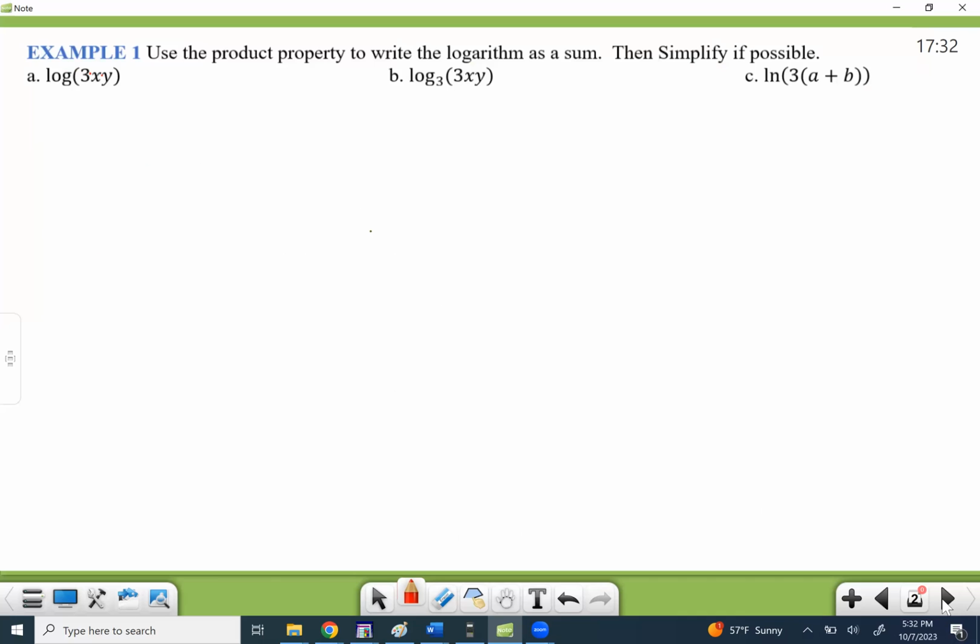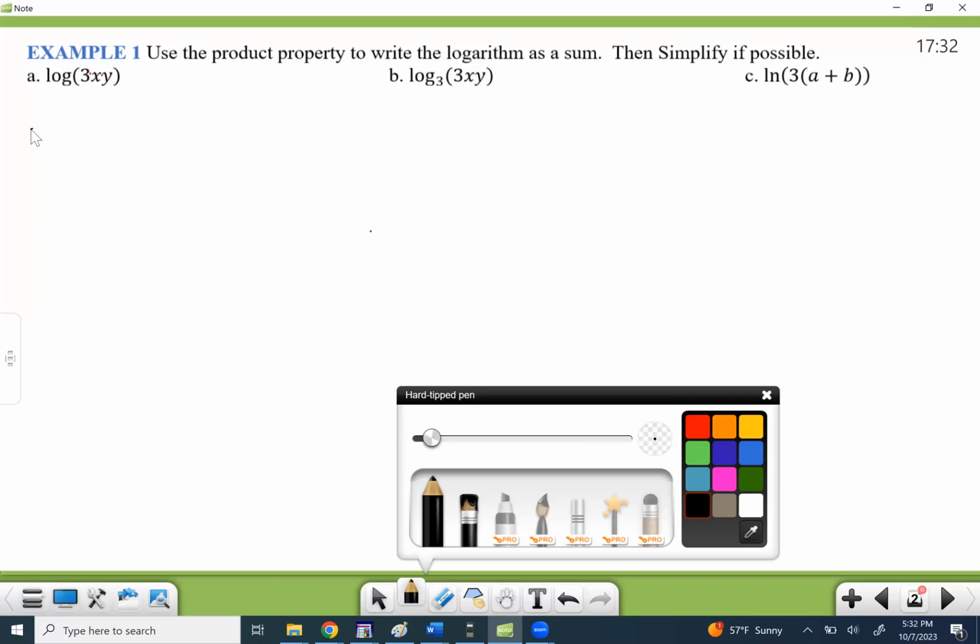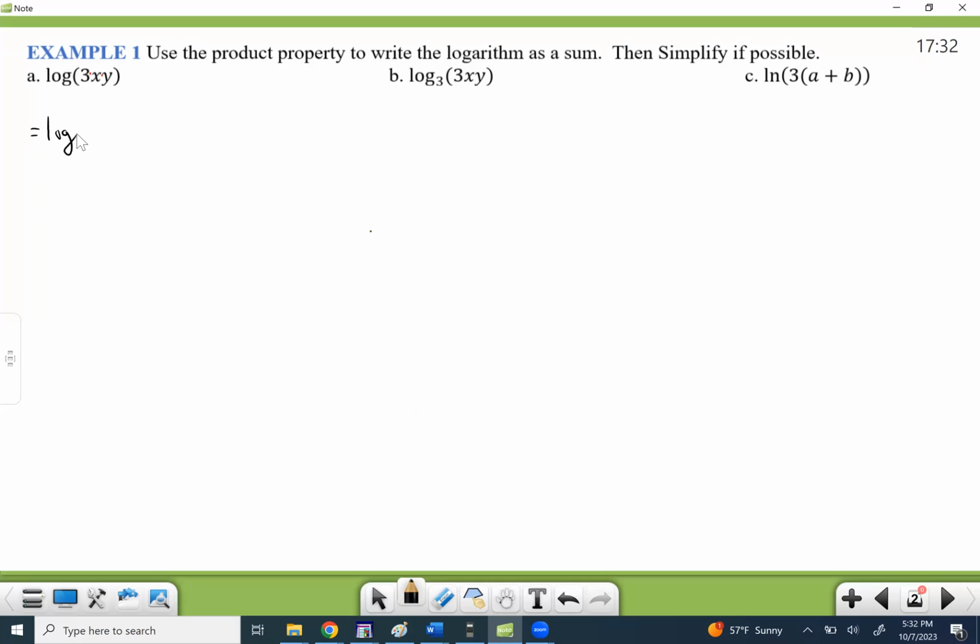But in our case, we have 3 things multiplying, so this becomes log base 10 of 3 plus log base 10 of x plus log base 10, or the common logarithm, of y.